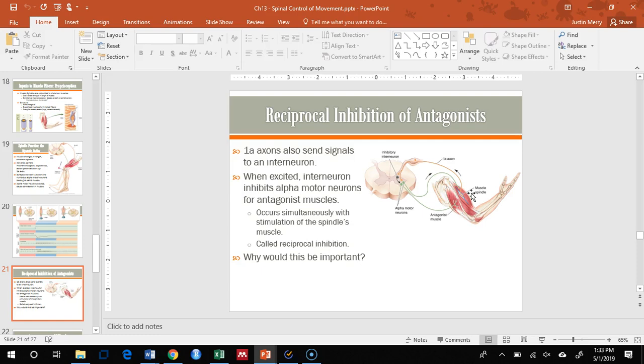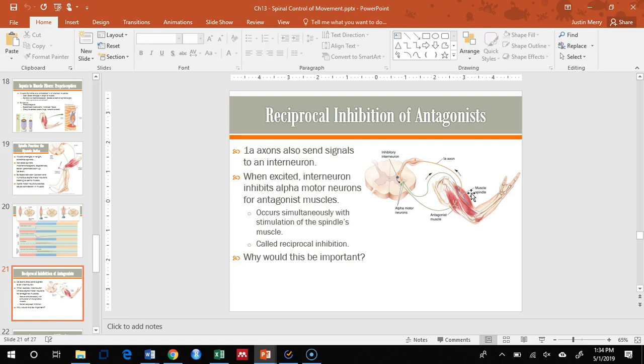So when you fire this reflex, this interneuron gets excited and it shuts down, or inhibits, the alpha motor neurons that lead to the triceps. So as you're flexing with the biceps, you are relaxing with your triceps, and that allows the muscle to return to its original length. If you didn't inhibit the triceps at the same time that you're stimulating the biceps, you might just seize up your arm, but you wouldn't actually return to the original length.